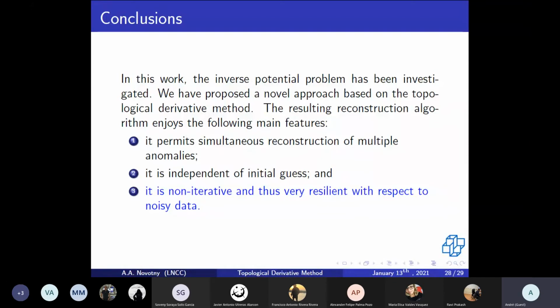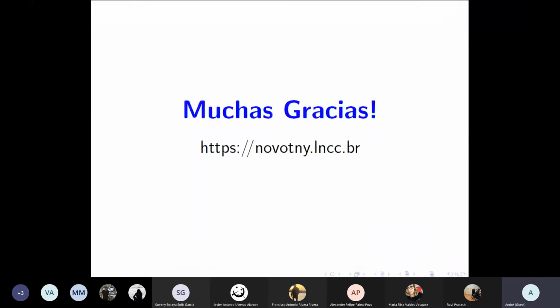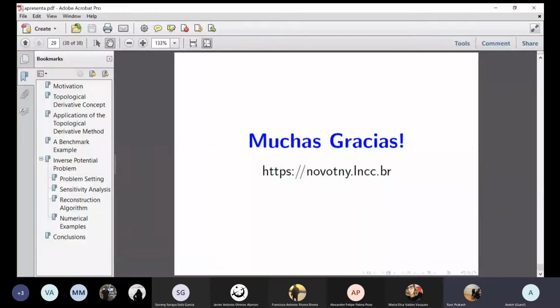And since the reconstruction algorithm is non-iterative, it is very robust with respect to noisy data, as shown in this picture, where we have a very degraded target, and the reconstruction is still quite good. So thank you very much, and I am available for discussion.